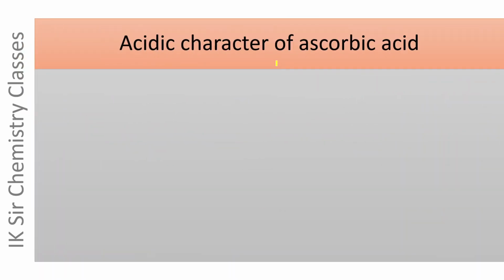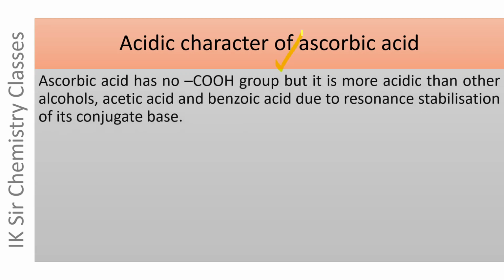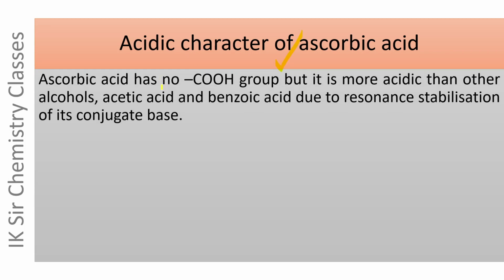Acidic character of ascorbic acid. Ascorbic acid has no COOH group, but it is more acidic than other alcohols, acetic acid and benzoic acid, due to resonance stabilization of its conjugate base.